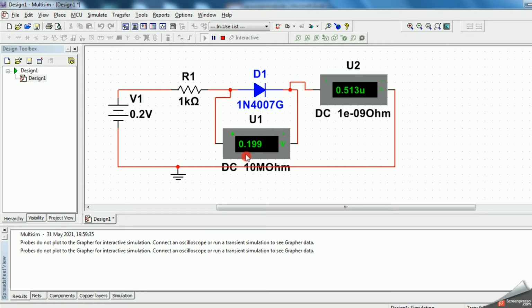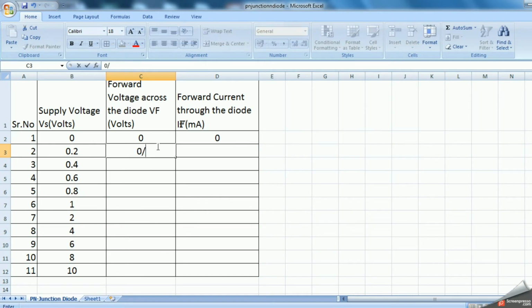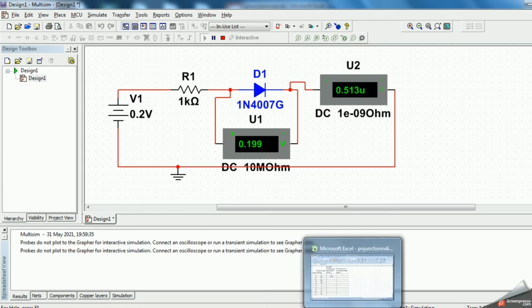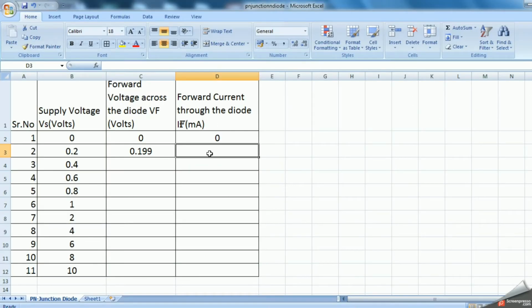The voltage across the diode is 0.199 and the current through the diode is 0.513 microampere, which is nothing but 0.000513 milliampere.